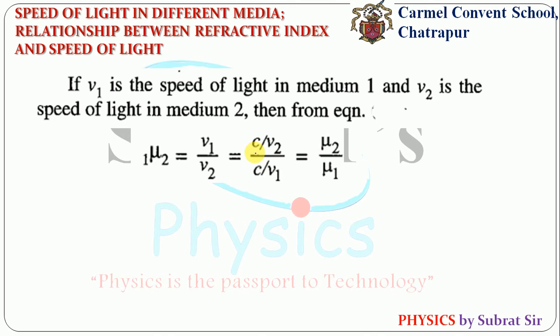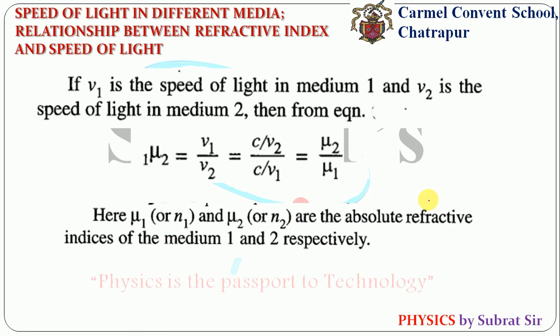We know that c by v is mu, because the ratio of the speed of light in vacuum to the speed in the medium is the refractive index. So 1 mu 2 can be written as mu 2 by mu 1. Here mu 1 and mu 2 are the absolute refractive indices of medium 1 and medium 2.